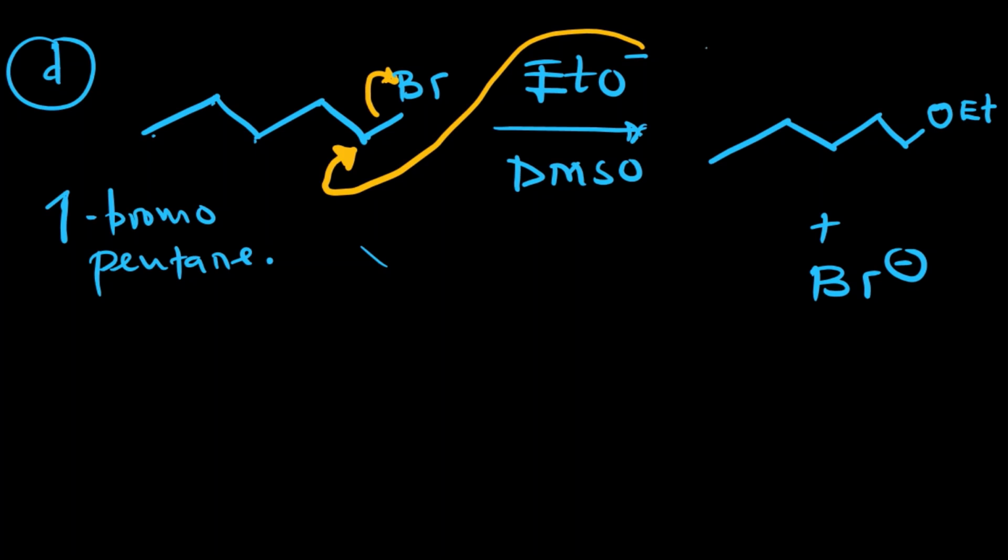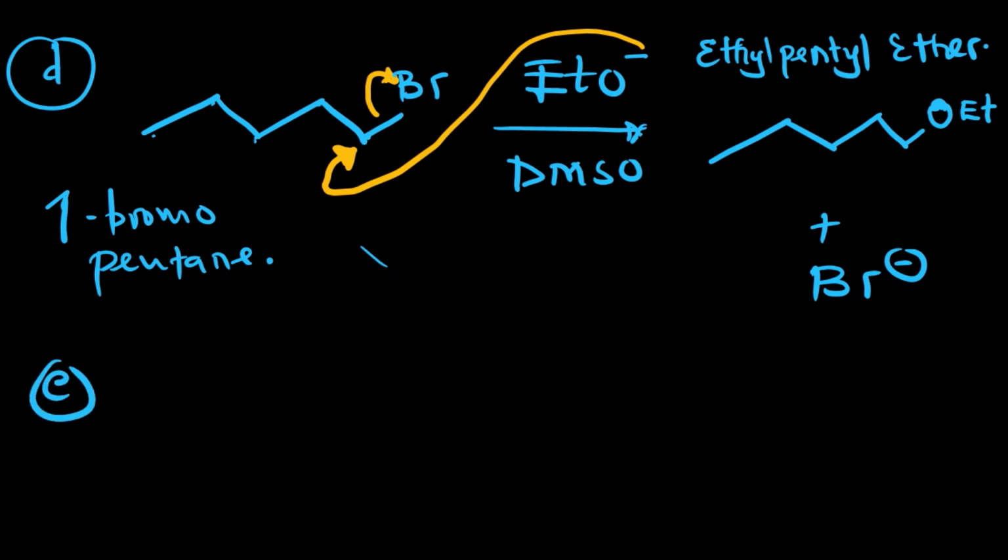So this ether is simply ethyl pentyl ether, meaning that the ethyl and the pentyl chains are connected by an oxygen. Ether simply means oxygen. Okay. Ether simply means oxygen.